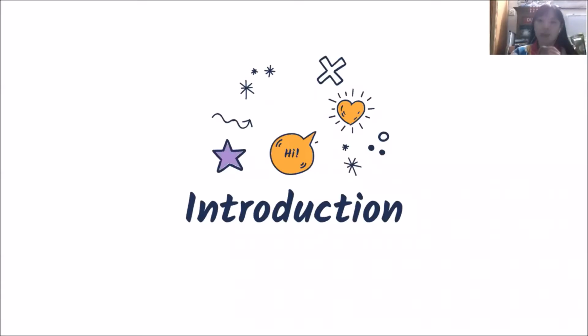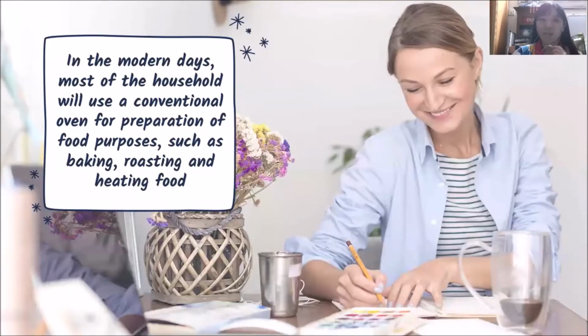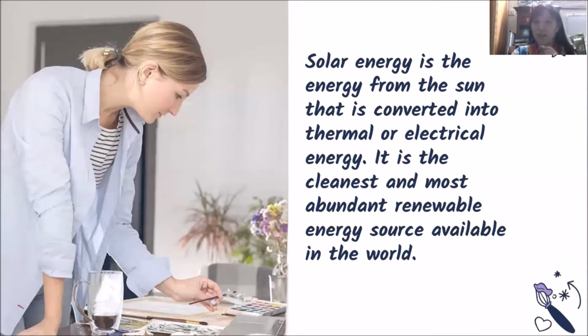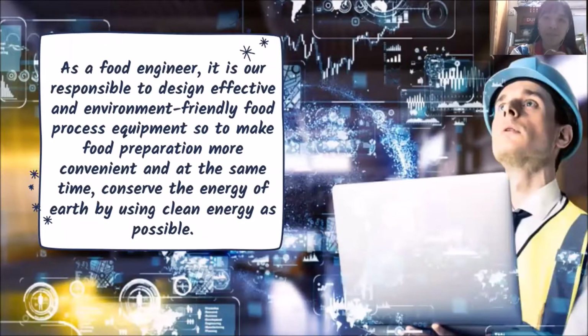So the next one, I'm going to do some introduction regarding our project. As we know, in modern days, most households will use a conventional oven for food preparation purposes such as baking, roasting, and heating food. For your knowledge, solar energy is the energy from the sun that is converted into thermal or electrical energy. It is the cleanest and most abundant renewable energy source available in the world.